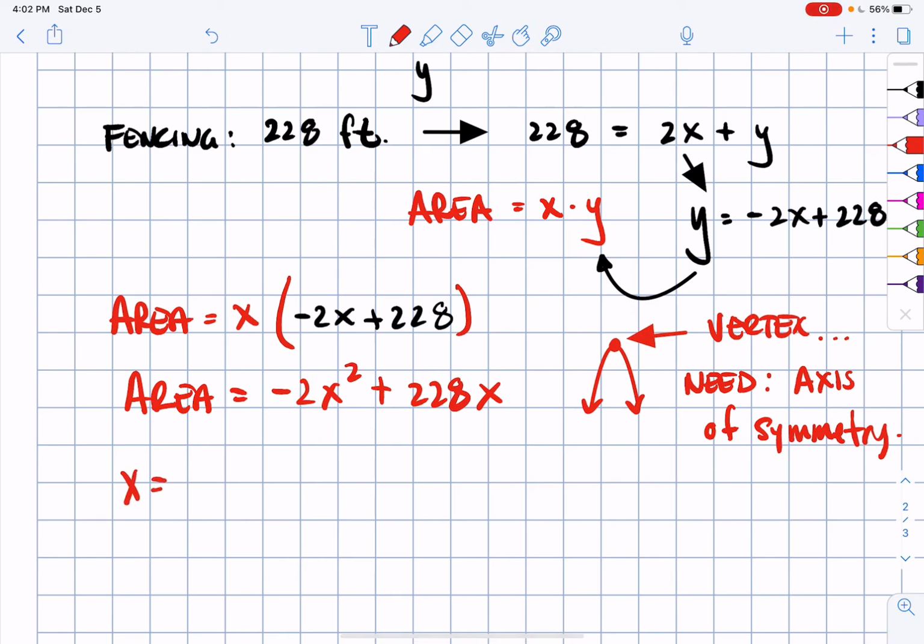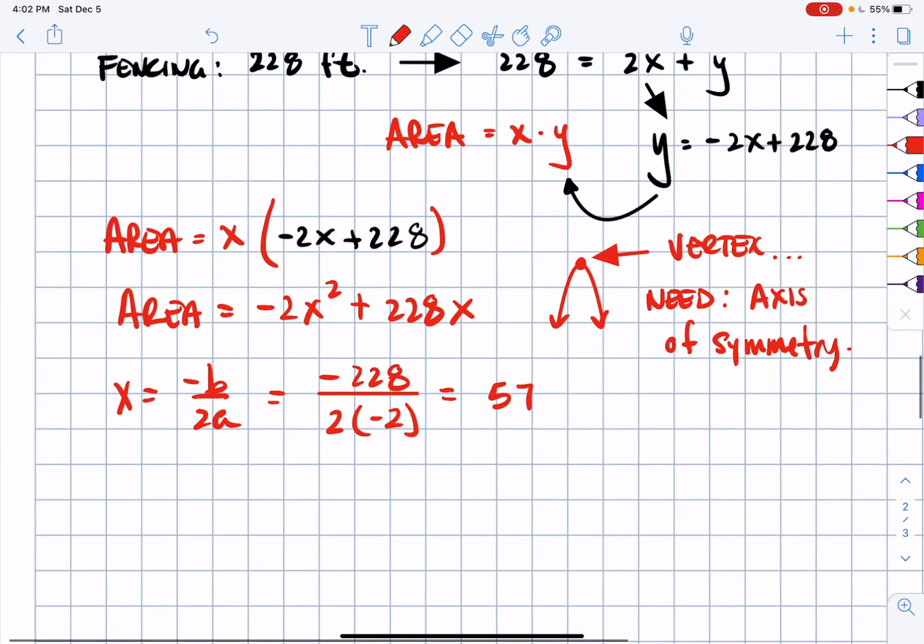To find the axis of symmetry, x is equal to negative b over 2a, so that's equal to negative 228 divided by 2 times negative 2, which gives me 57. All right, so from there, I have two choices.